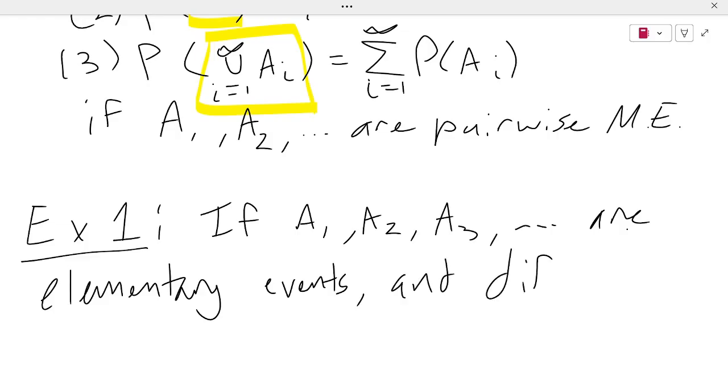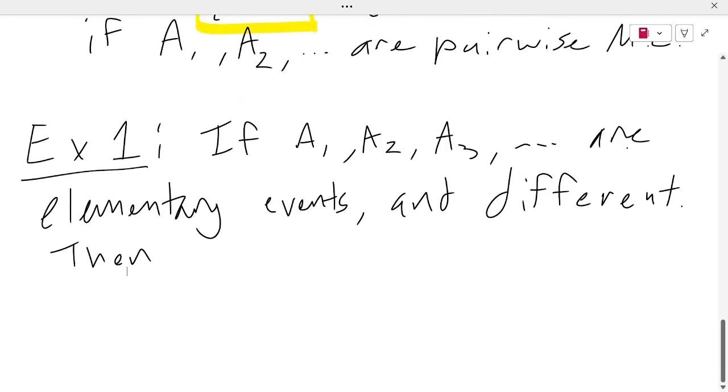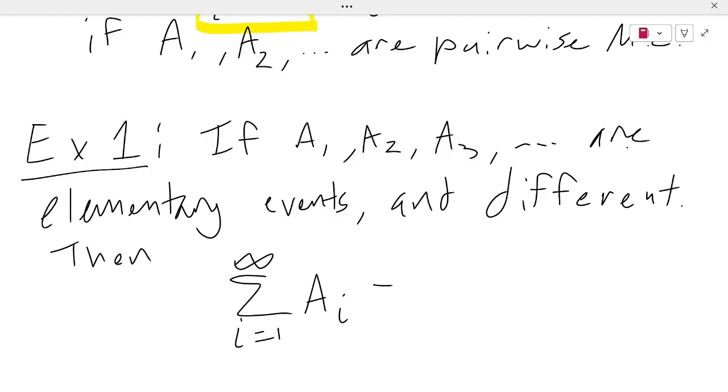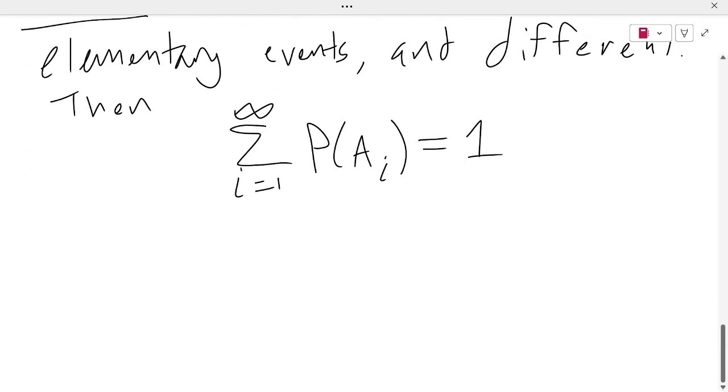I should say they're different events because if they're the same event, then it wouldn't quite work out. Then if we sum the probabilities, a sub i, we're summing the probabilities, not the events. Can't sum an event. We sum the probabilities because the probability is a real number. It should come out to be 1. Okay.